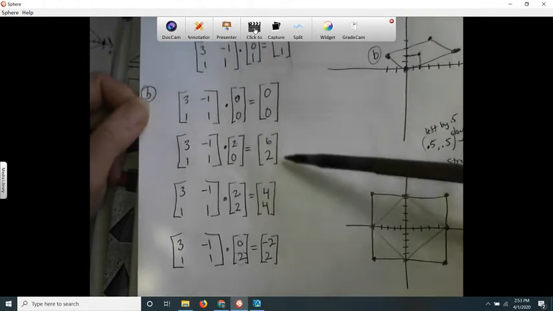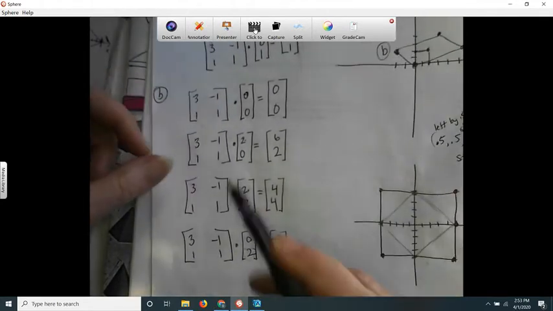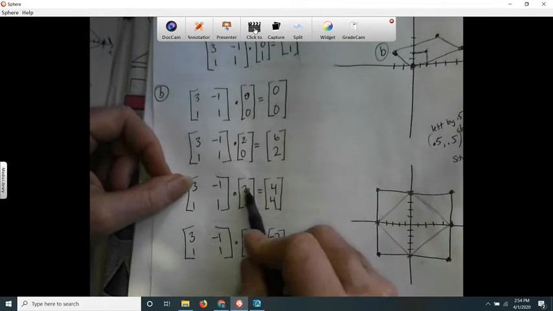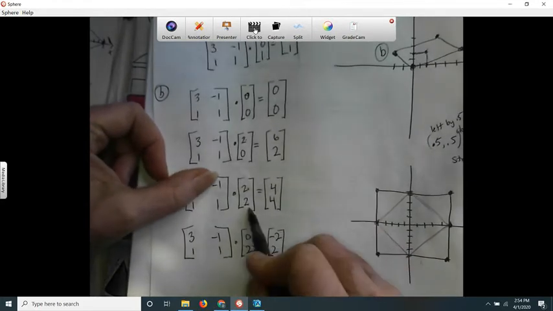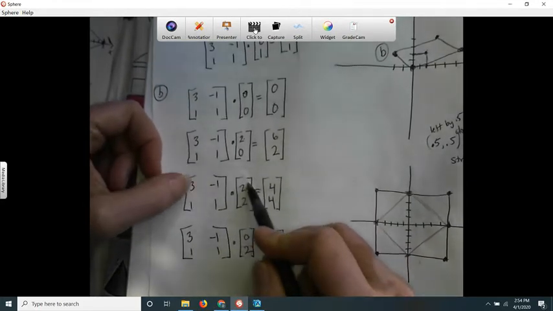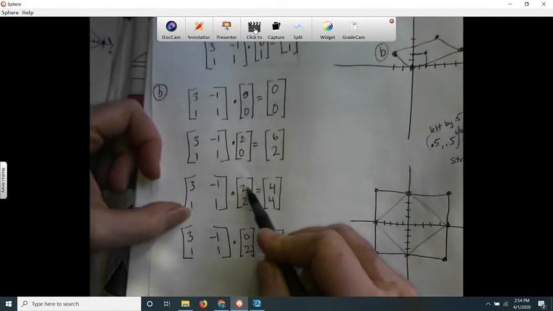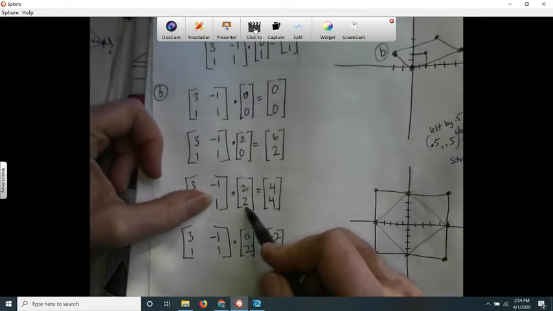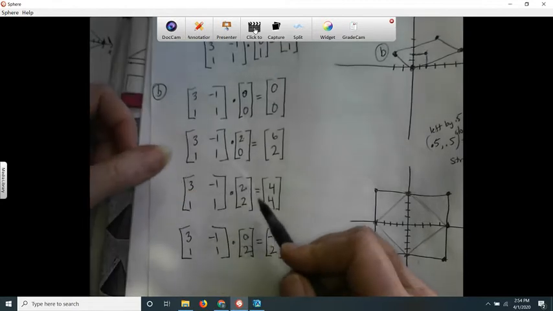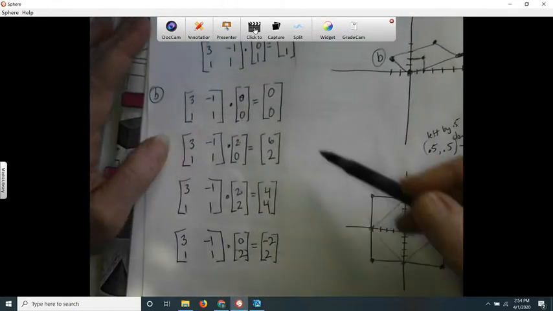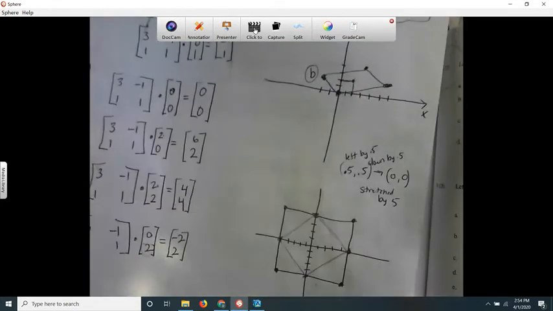And you know how you multiply. You just go 3 times 2 is 6, plus -2 times 1 is -2. 6 plus -2 is 4. 2 times 1 is 2, plus 2 times 1 is 2. 2 plus 2 is 4. That's how you do it, in case you didn't know.